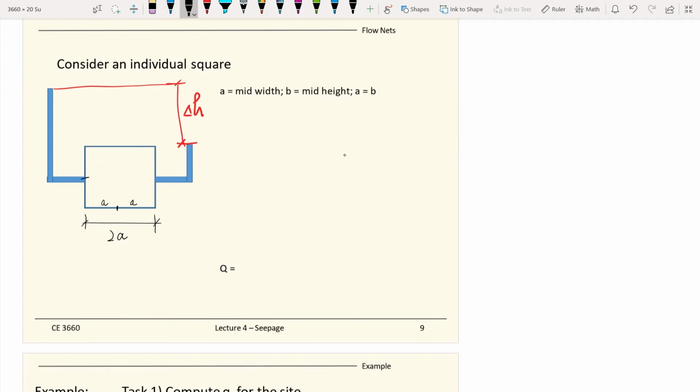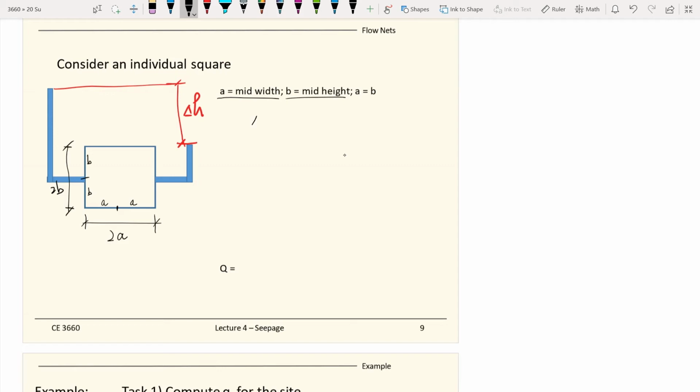And likewise, let's say this is the midpoint, so half of this is b, so the length here is 2b. And again, we assume a is the half width and b is the half height.